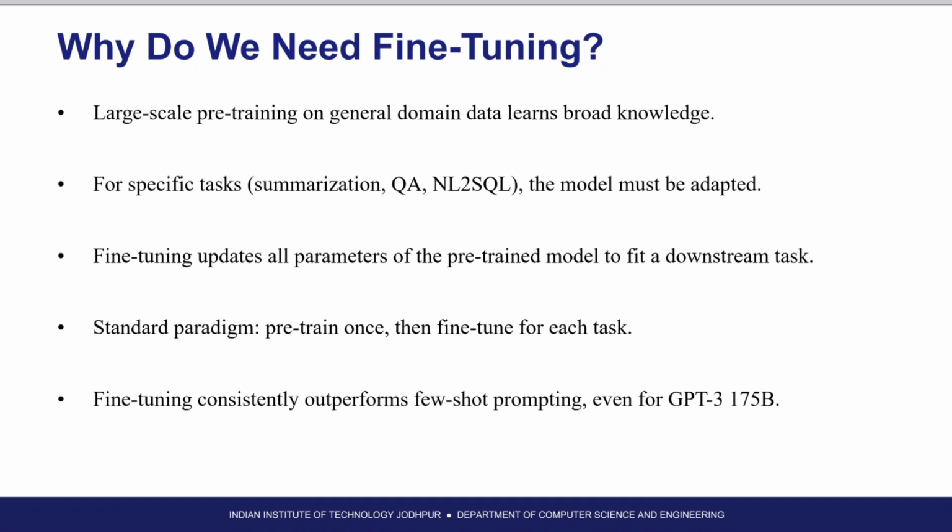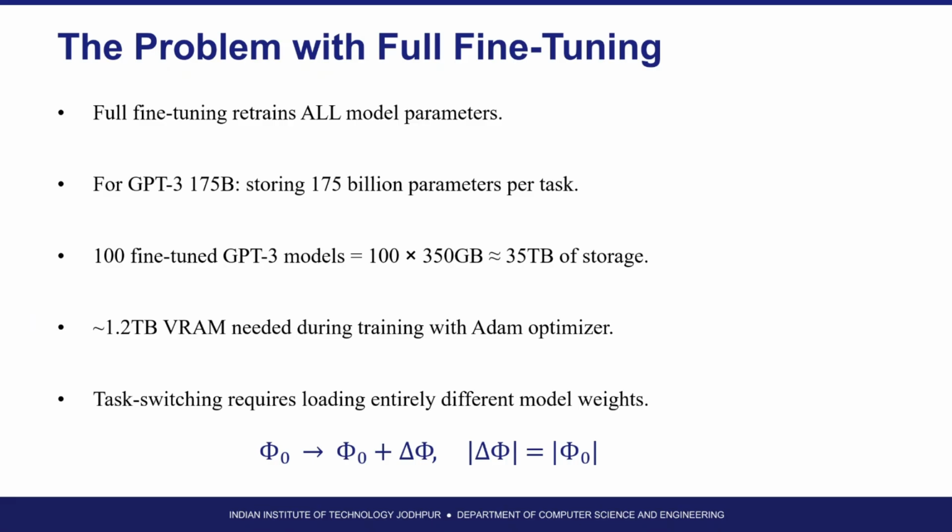The method is very simple: pre-train once, then fine tune for each task, and this works really well. Fine tuning consistently outperforms few shot prompting even for a model as large as GPT-3 with 175 billion parameters. Next, what is the problem with full fine tuning?